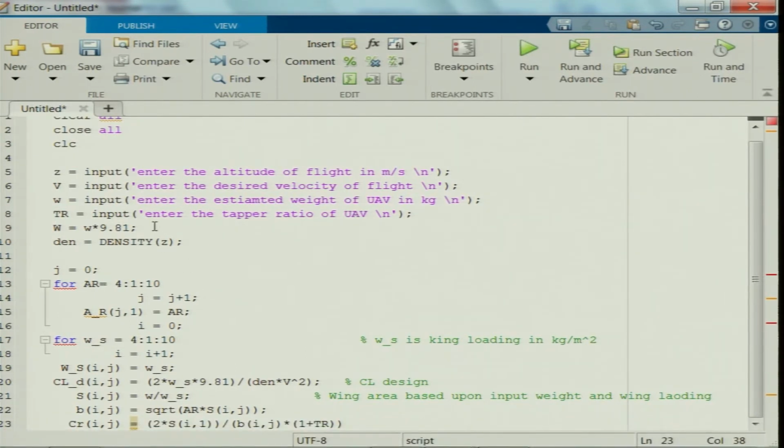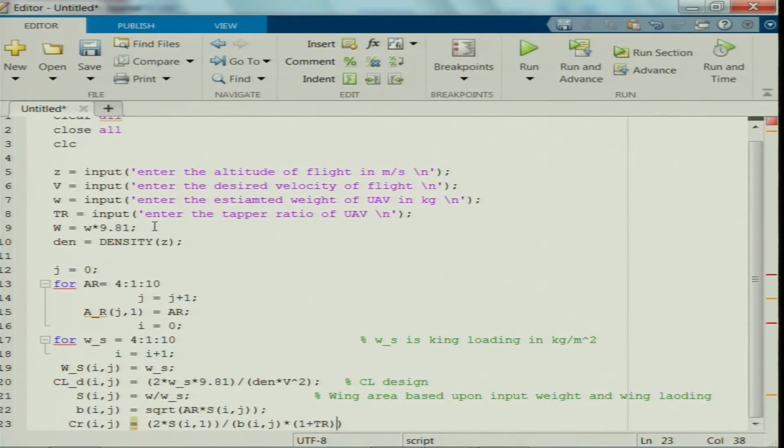So, you can plot multiple, like for various aspect ratios, for different W by S, you will get to know the corresponding root chord, tip chord, span and wing area to generate the desired CL, right. So, based upon this data, now you change the taper ratio, you change the input and find out the same plot, so that you can also cross plot them to compare or to figure out which taper ratio is more feasible for you to manufacture, right.